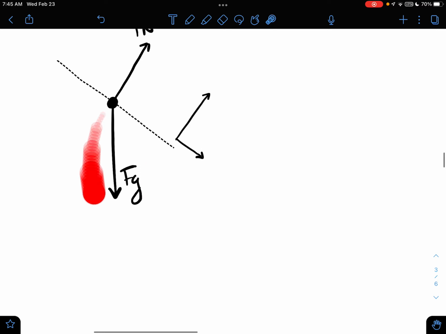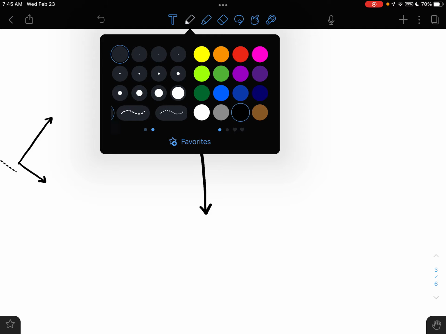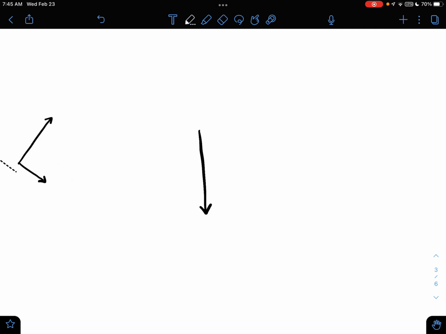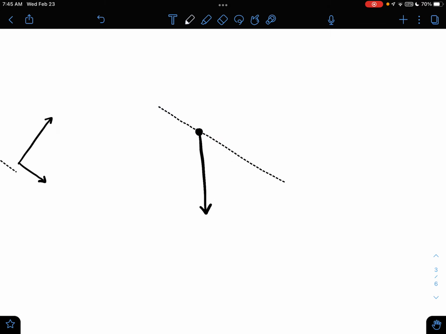So this time we have to break gravity up into two different components. So here's our gravity vector, and if I draw our slope again, just real quick to see, we want a this way component and a this way component.